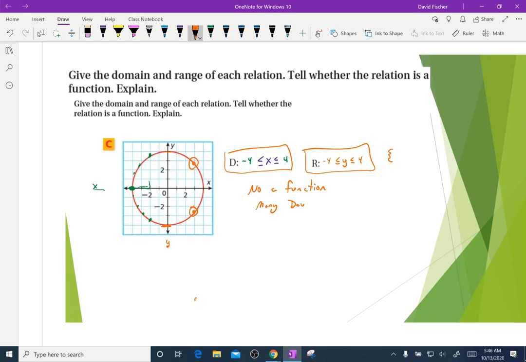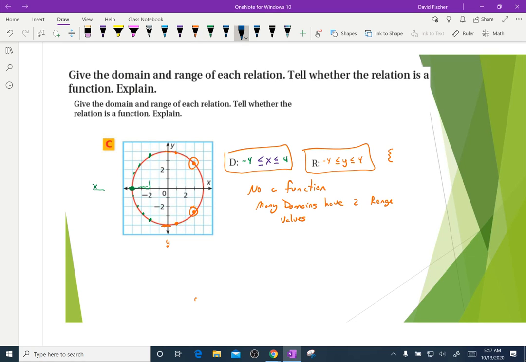domains have 2 range values. Each one of these x values has at least 2. There's one there and one up here. I'll do it in a darker color.